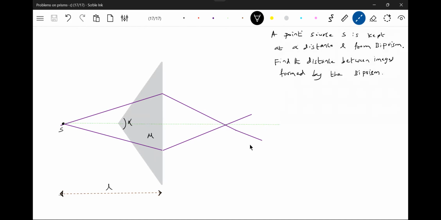So this will produce one image back, and this will produce the other image. So this is the angle of prism.